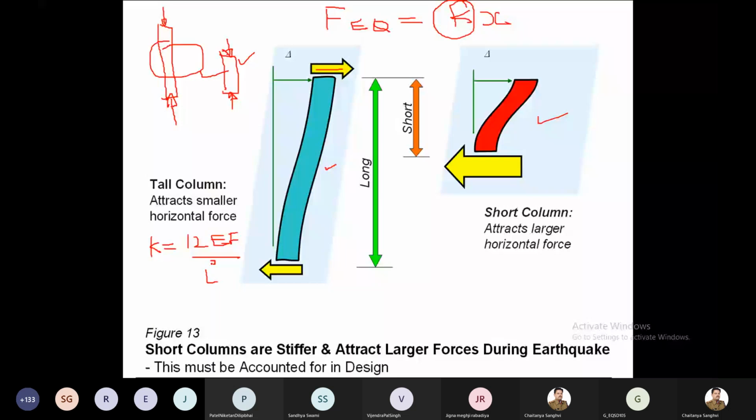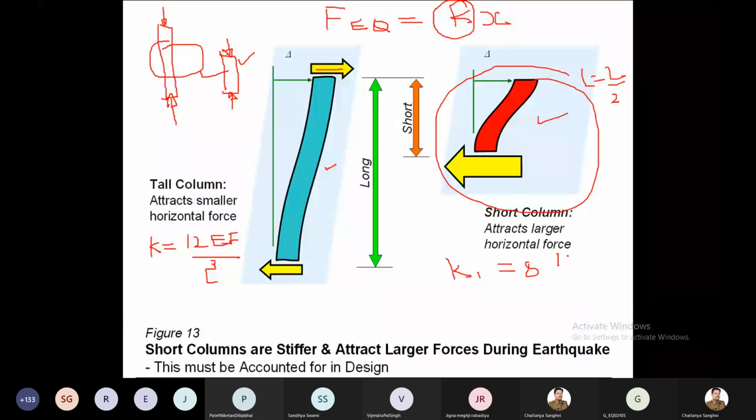If the height becomes L by 2, then the stiffness of this column becomes 12EI upon (L by 2) cube. So it is almost 8 times 12EI upon L cube. So the short column is going to attract 8 times more force.